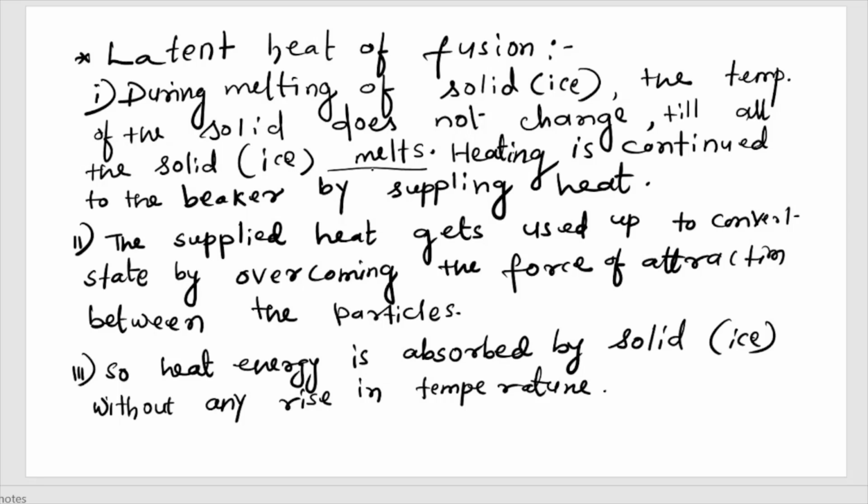You are heating continuously, and the temperature shows 273 Kelvin, but heating continues, and there is no change of temperature unless all the ice changes to liquid.